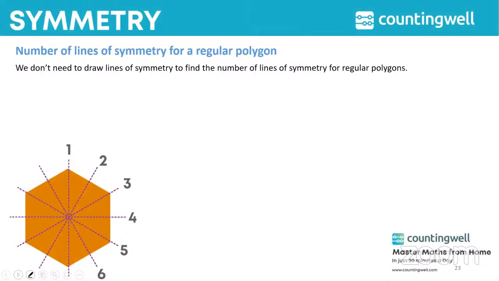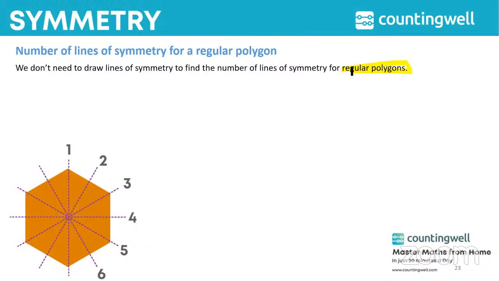Let us see the number of lines of symmetry for a regular polygon. We should not draw lines of symmetry to find whether the number of lines of symmetry is 1, 2, or 3. Just note which regular polygon it is. If it is an equilateral triangle, the lines of symmetry is 3. If it is a regular pentagon, the lines of symmetry will be 5.